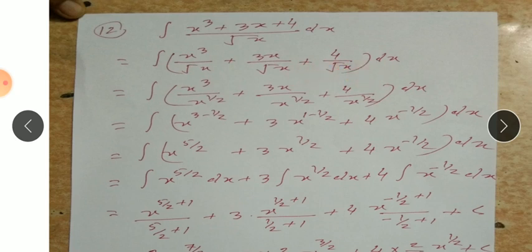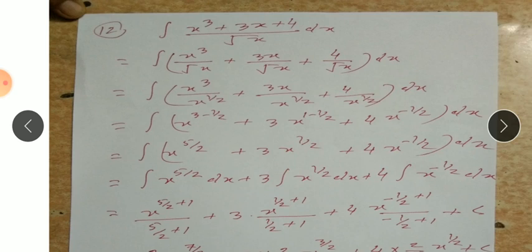Now integration of x cube upon x raised to 1 by 2 plus 3x upon x raised to 1 by 2 plus 4 upon x raised to 1 by 2. This is equal to integration of x raised to 3 minus 1 by 2 plus 3 x raised to 1 minus 1 by 2 plus 4 x raised to minus 1 by 2. After solving this, we are getting integration of x raised to 5 by 2 plus 3 x raised to 1 by 2 plus 4 x raised to minus 1 by 2.